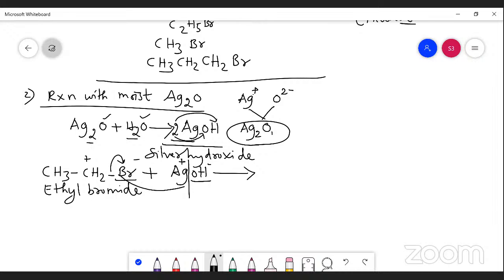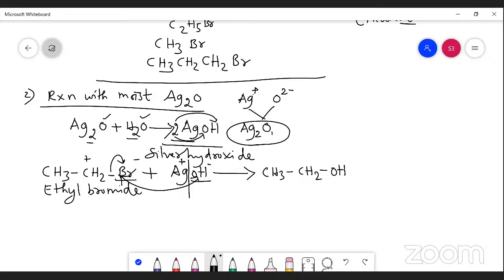We have to substitute one nucleophile by another nucleophile. What is your product? You write CH3CH2 as it is, and Br is replaced by the nucleophile OH.